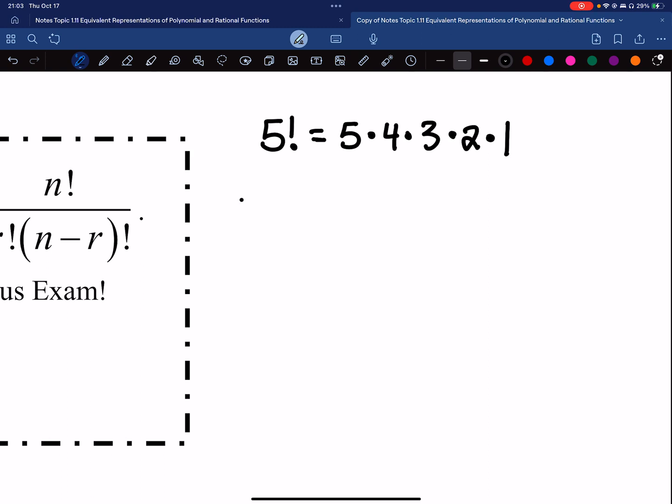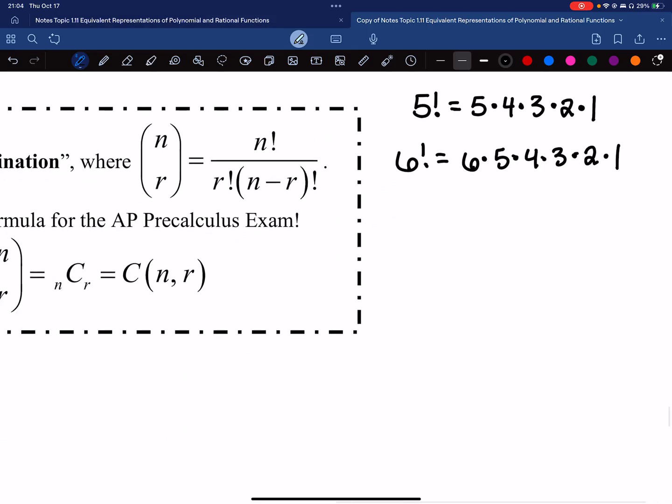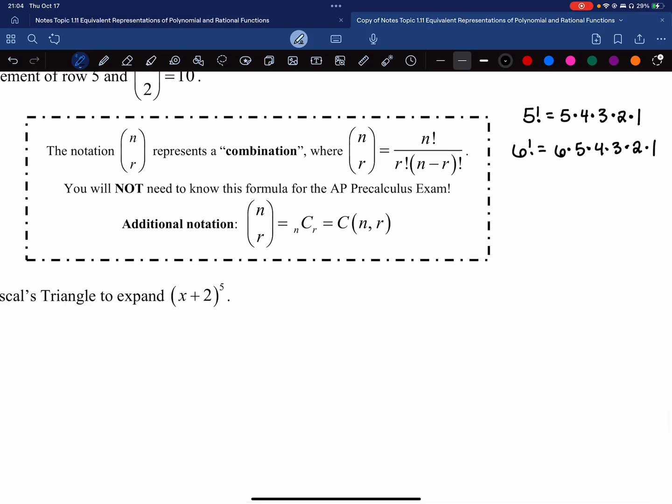If you had 6 factorial, that would be 6 times 5 times 4 times 3 times 2 times 1, and so on and so forth. Okay, now you will not need to know this formula for the AP Precalculus exam. Okay, you do not need to know it.